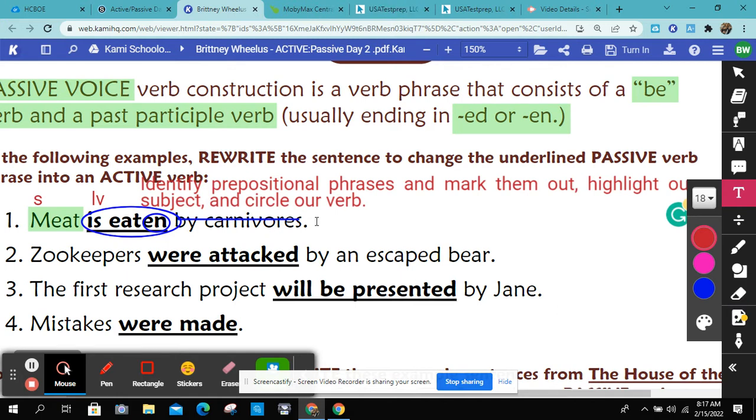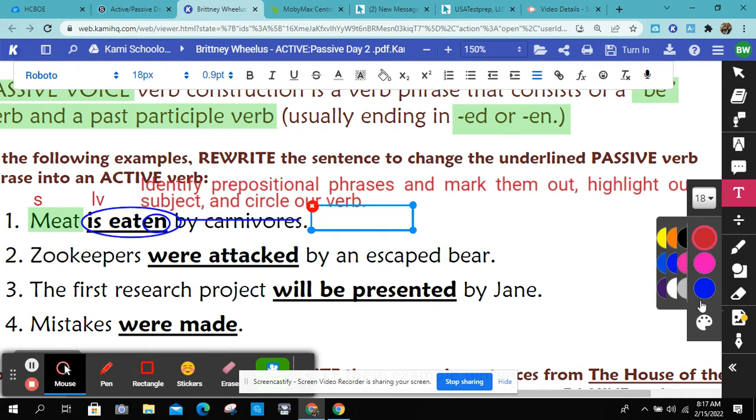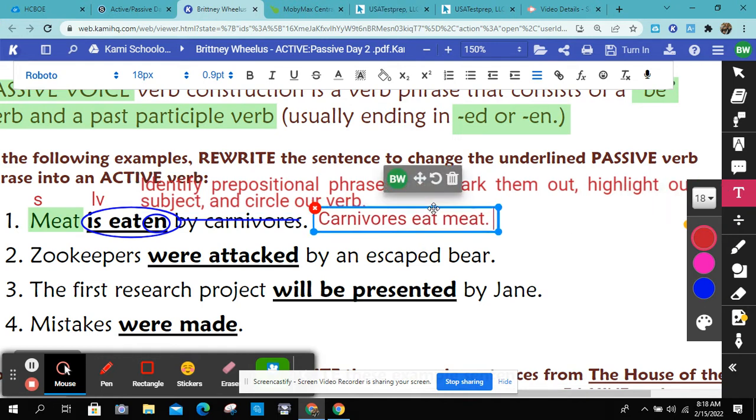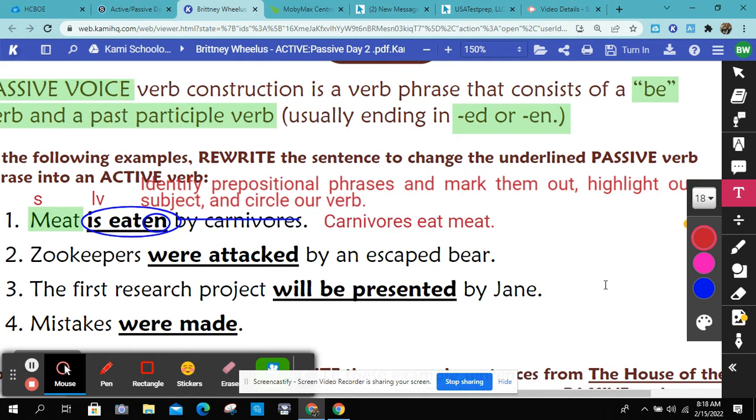So, how would I swap this sentence and make it active? The person eating the meat has to come at the beginning of the sentence. All right. Carnivores eat meat. All right. Carnivores eat meat.